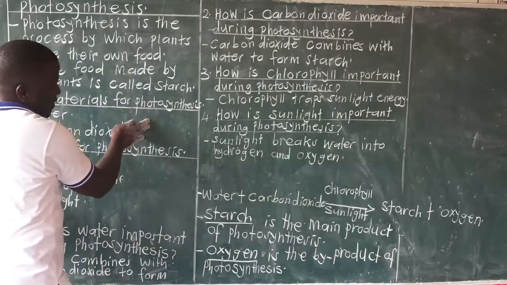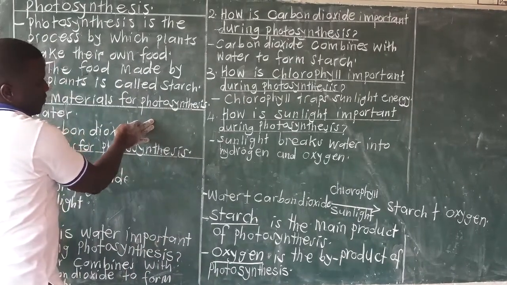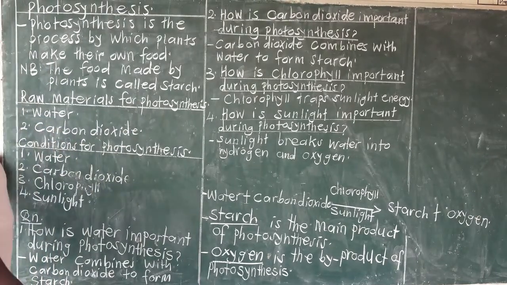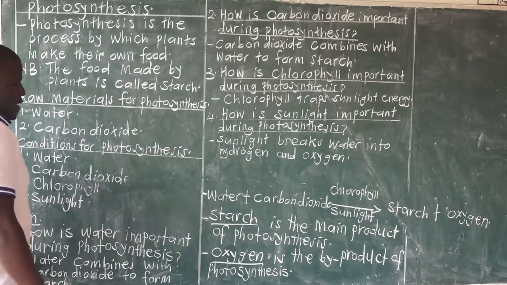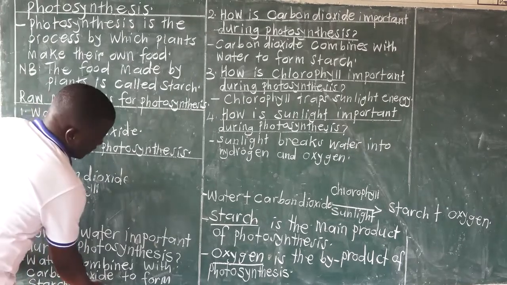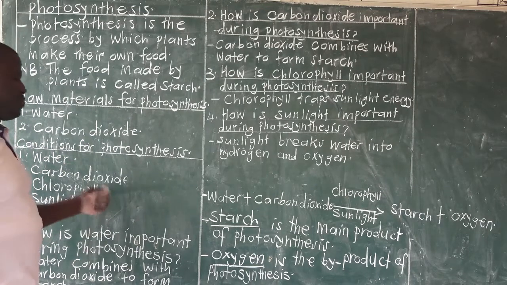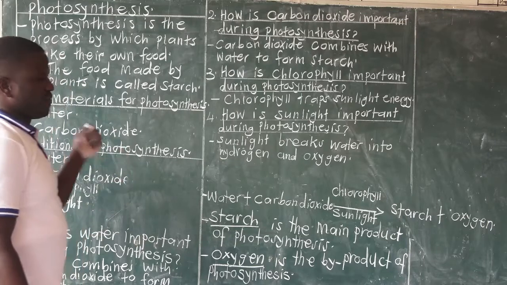So, I said starch is the food made by plants, and the food made by plants is the main product. And that's what we are saying, starch is the main product of photosynthesis. Then oxygen is a byproduct of photosynthesis.